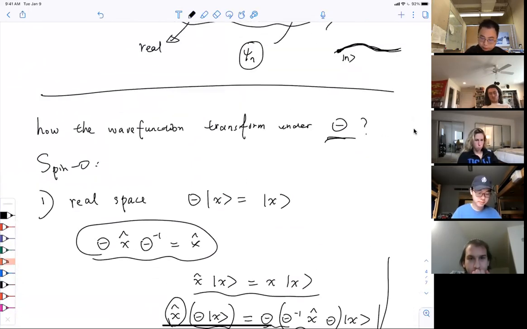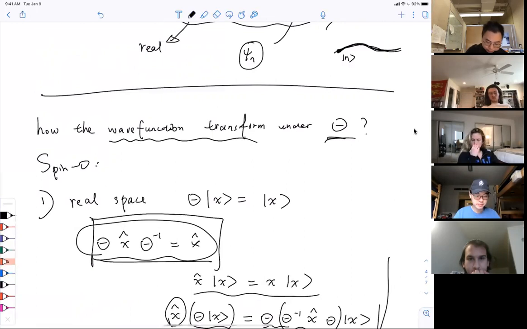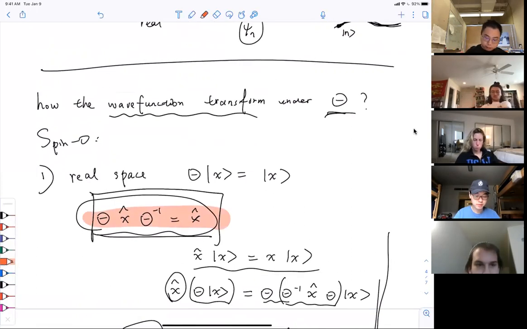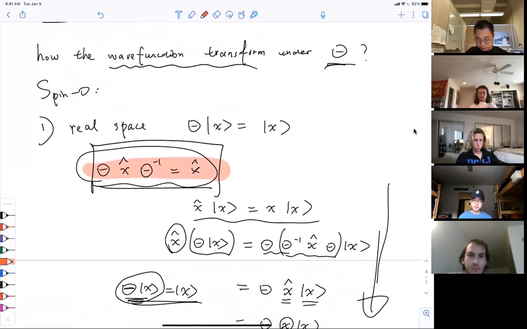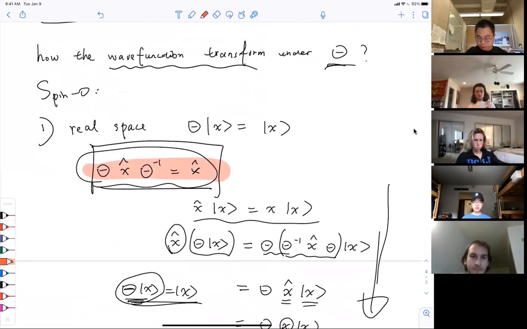The starting point of this transformation of the wave function, as you can see, is first this: X should remain the same under time reversal. That also agrees with our intuition, right?